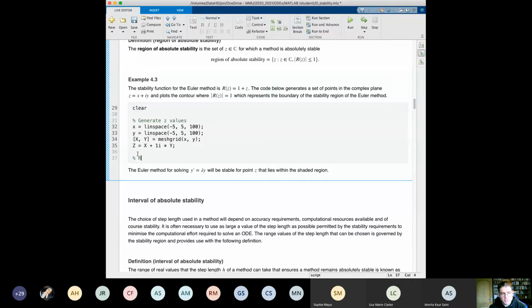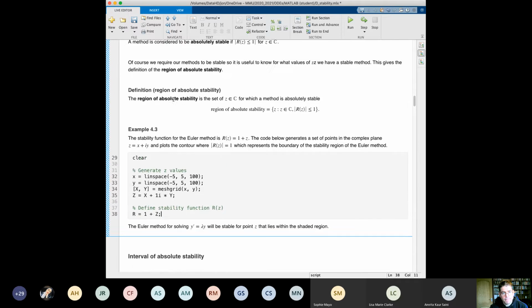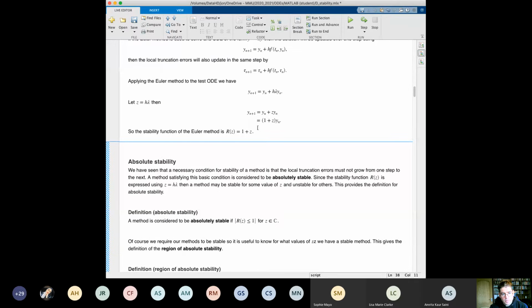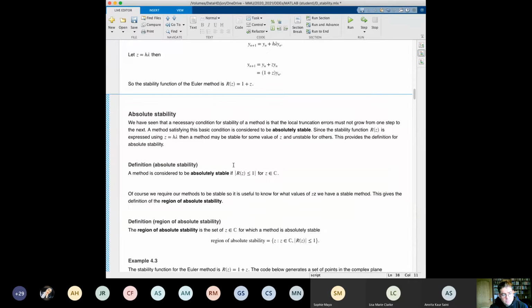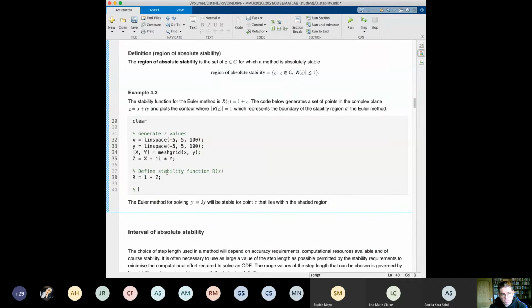So now I need to define the stability function. That's R(z), so I'm just going to call it R. And we saw up here that R(z) was 1 plus z. Okay, and now we just need to plot the region of absolute stability.